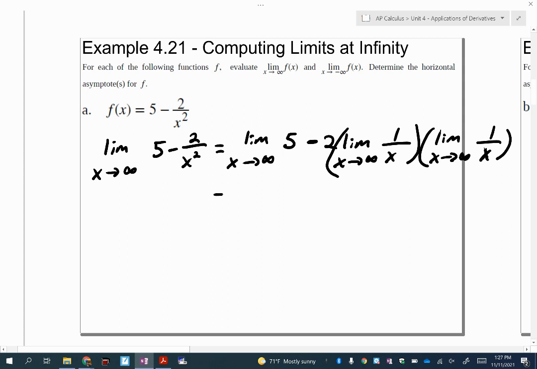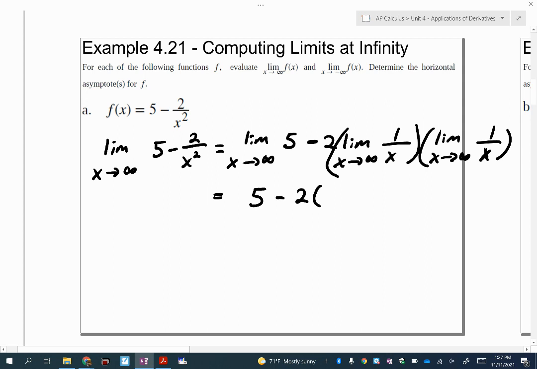All right, now let's talk a little bit about something we went through a couple units ago. The limit as x approaches any number, like in this problem, infinity, it doesn't matter if you just have a constant. So the limit as x approaches infinity of 5 is just 5 minus 2 times.